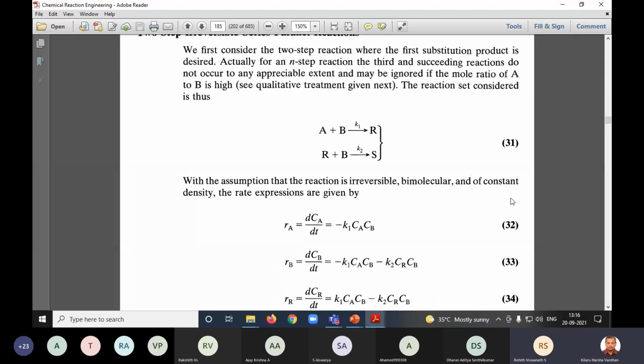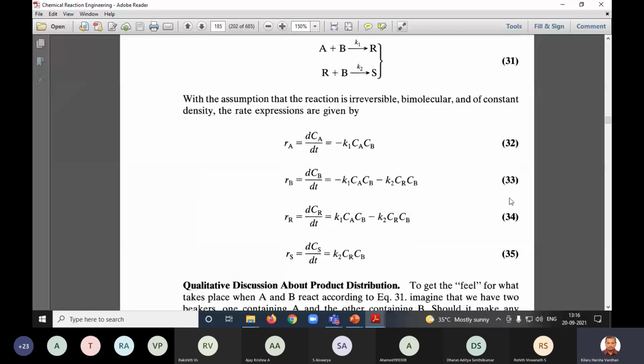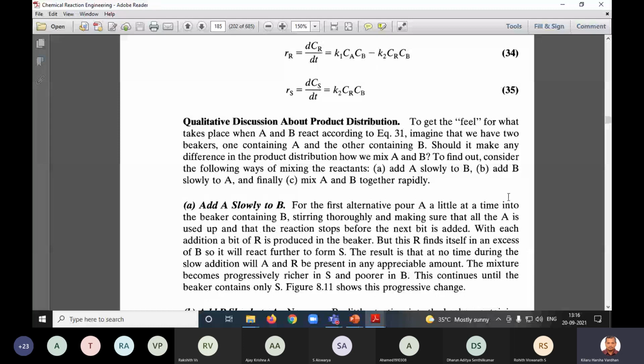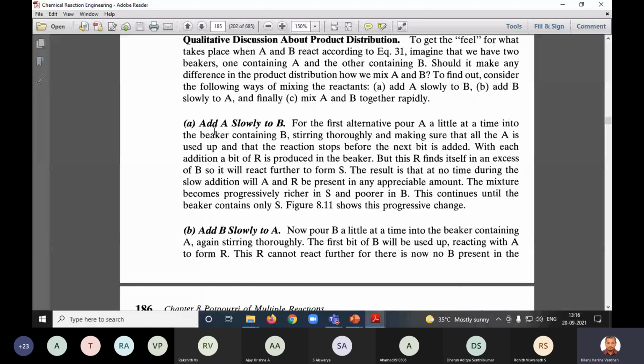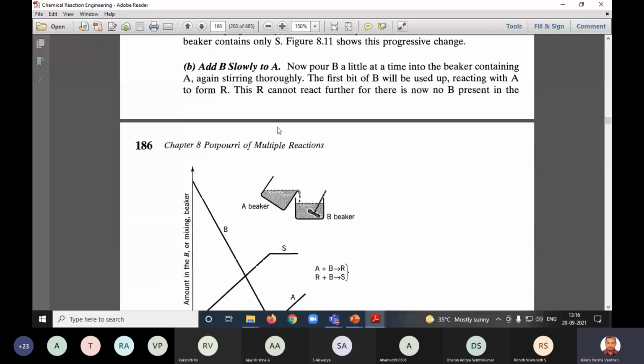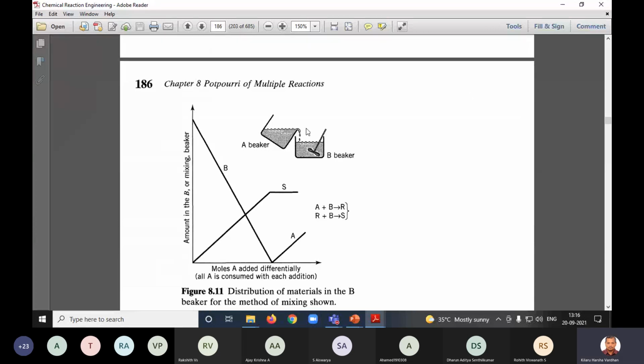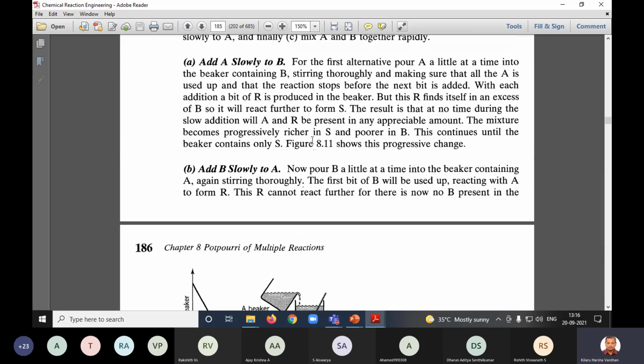Now you see, this is the thing which we are going into. Now let us take adding A slowly to B, right? So this is what is happening here. A is slowly being added to B. So you are getting this type of curves. Why is it coming? Just go through it.